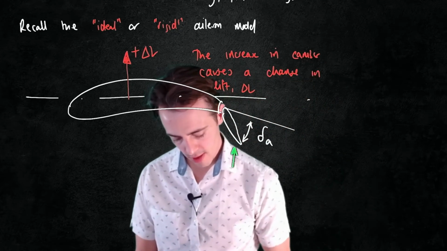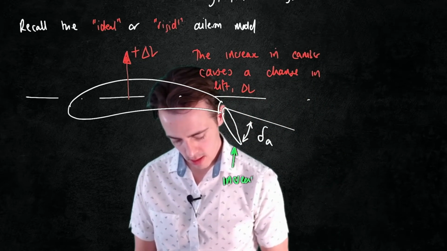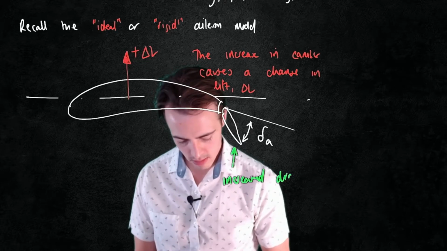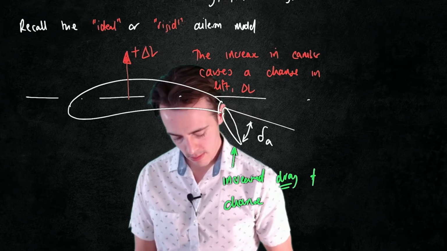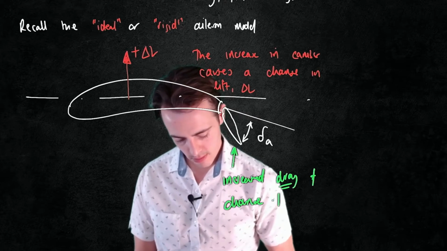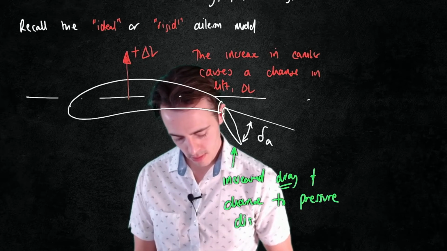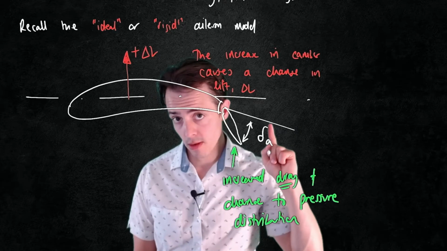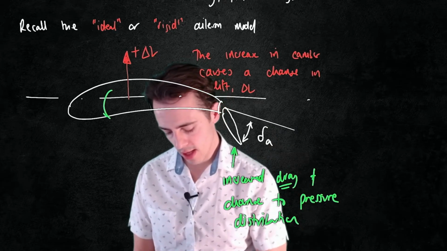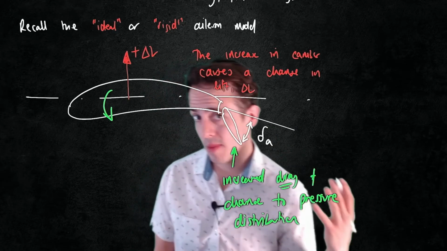So we have increased drag and change to the pressure distribution. And because of that, that causes a change to the pitching moment, which is going to be nose down.